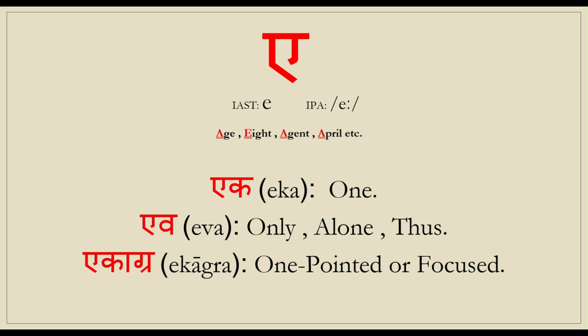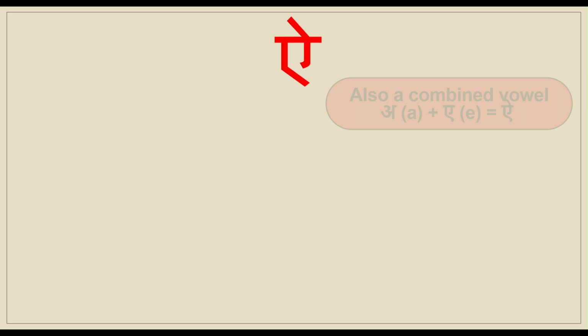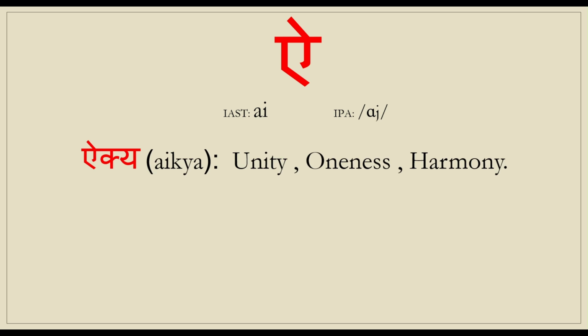Next is our another diphthong, that is Ai, written in IST as ai. We don't have this sound in English at all, so we're entirely dependent on Sanskrit illustrations. The word aikya, which means unity, oneness, or harmony.